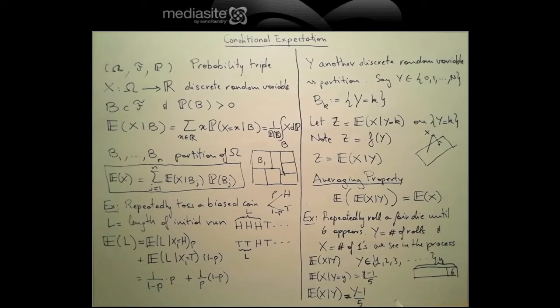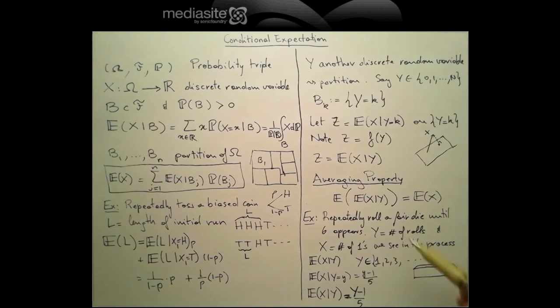When I was saying earlier that Z is a function of Y, here is an example. Z in this case is (Y minus 1) over 5. It's a function of Y. But it's not just any function of Y, it's the best function of Y that tries to approximate X. So that's the intuition.